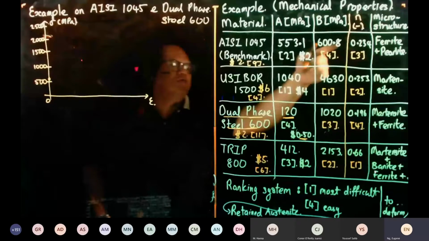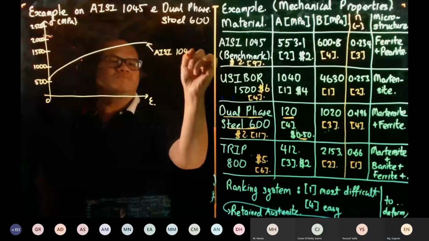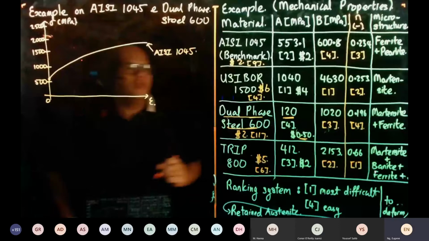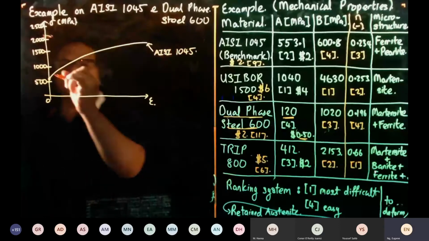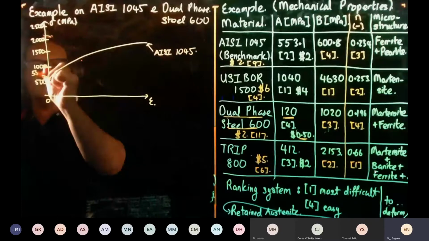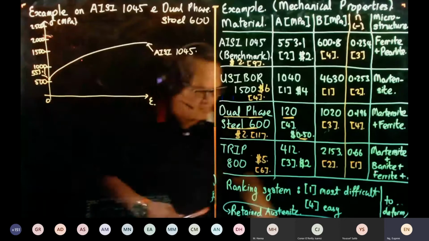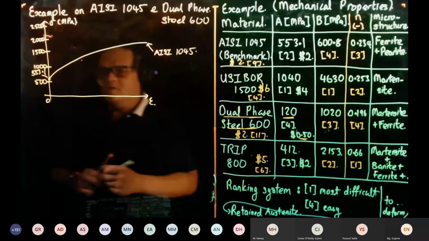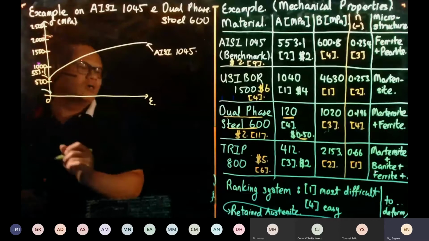Okay, so this is AISI 1045. And then we will come to dual phase steel 120. So this is 553.1, and then we are going to look at dual phase steel. So we are going to look at a point down here. Over here, this is my 120.